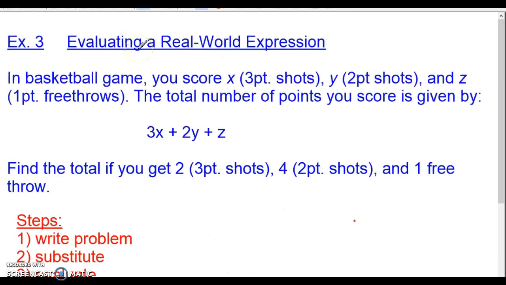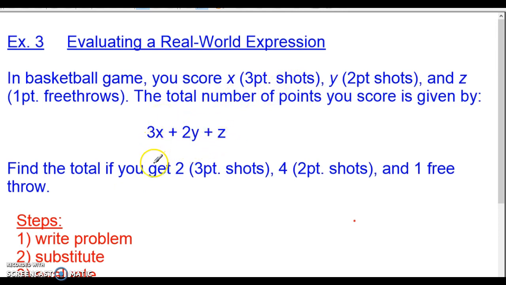Okay, now we're going to try one with a word problem. In a basketball game, you score x 3-point shots, y 2-point shots, and z 1-point free throws. The total number of points you score is given by 3x plus 2y plus z. You can see that the reason they use these numbers is because x was a 3-point shot, y was a 2-point shot, and z is a 1-point free throw.